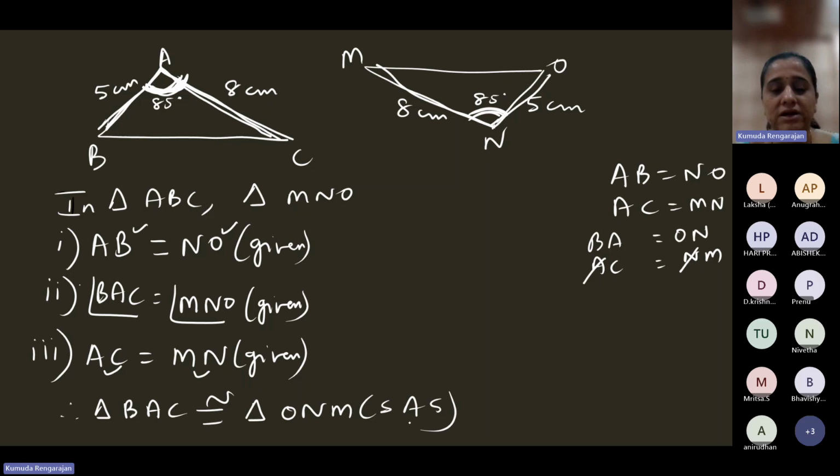See, again, we don't have all the information. We have only three things of the first triangle and similar things of the second triangle. We don't have all the 6 parts of the two triangles. Still, we are able to establish congruency with the help of the congruence criterion.